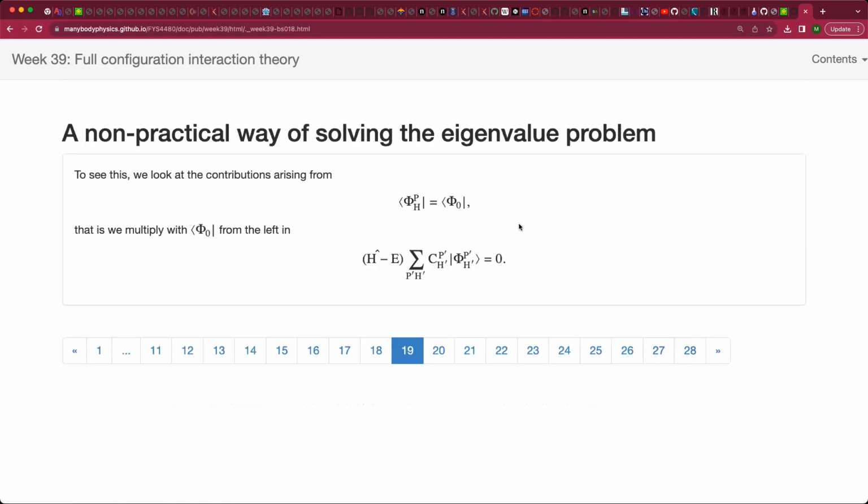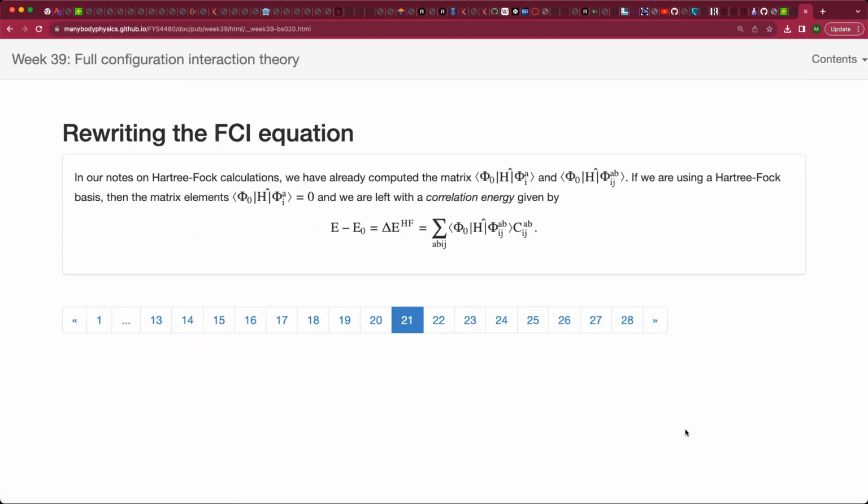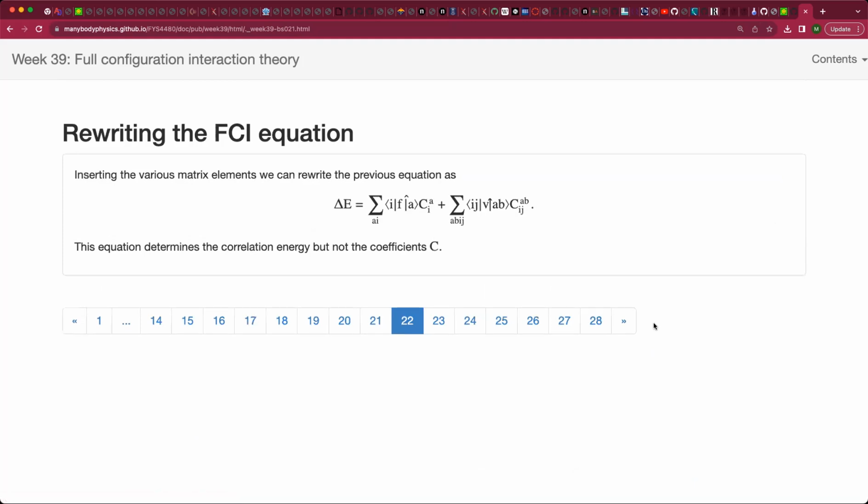And then what we did was to just rewrite these equations in terms of the matrix elements which we have found. So I think I went one slide back actually. Yeah, that defines the correlation energy. And when we then plugged in the matrix elements, which we calculated earlier, we could rewrite it in terms of this one-body matrix element where we have this operator F, which then contains a medium correction to the motion of a particle.